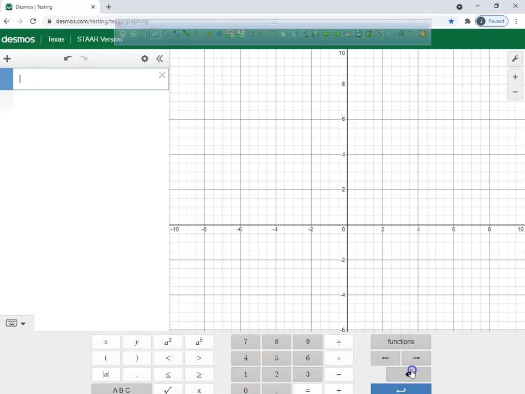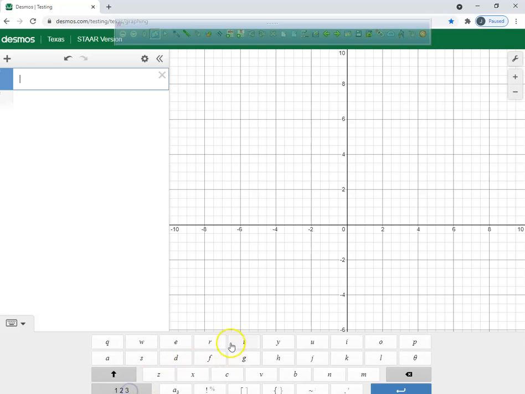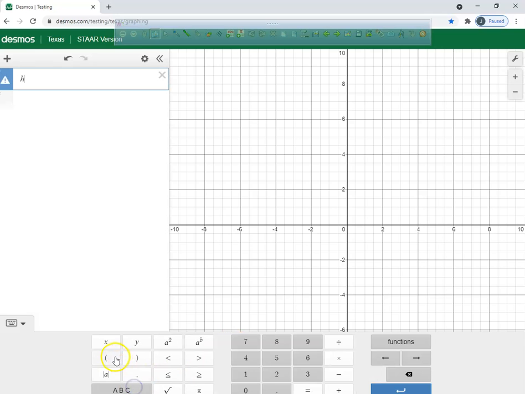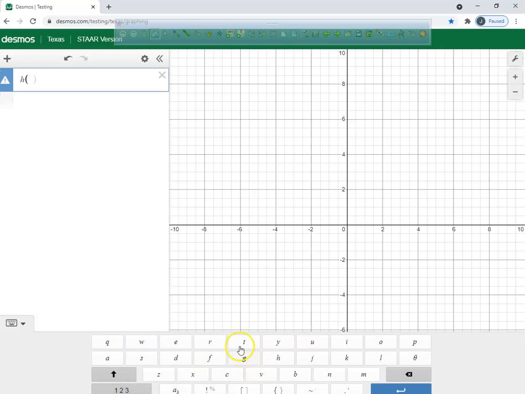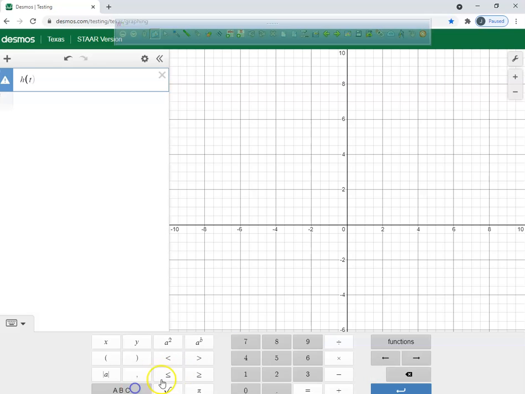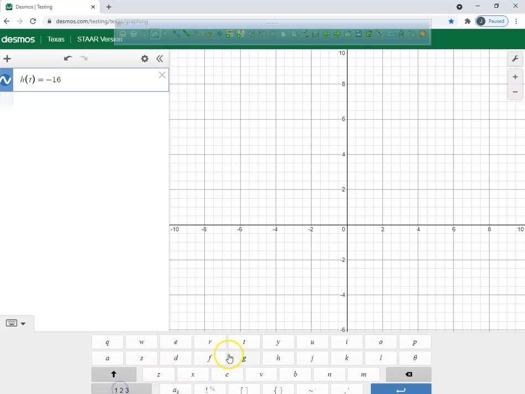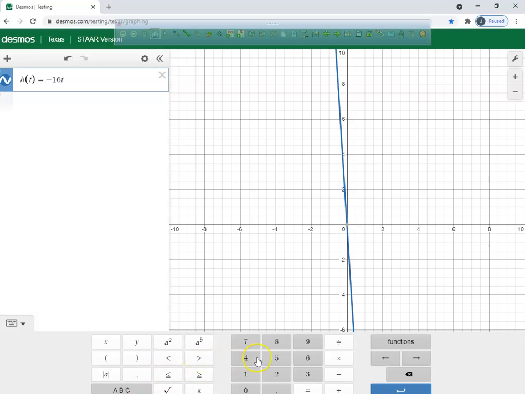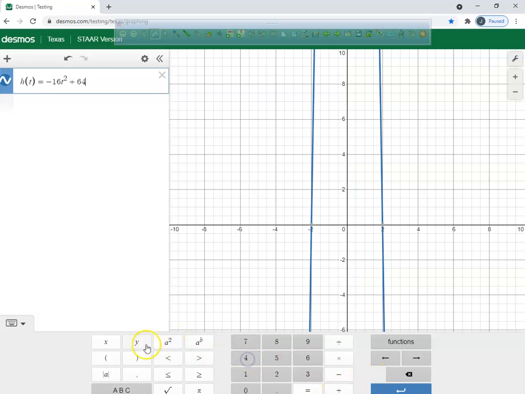By the way, you can actually type in h of t equals negative 16t squared plus 64t.